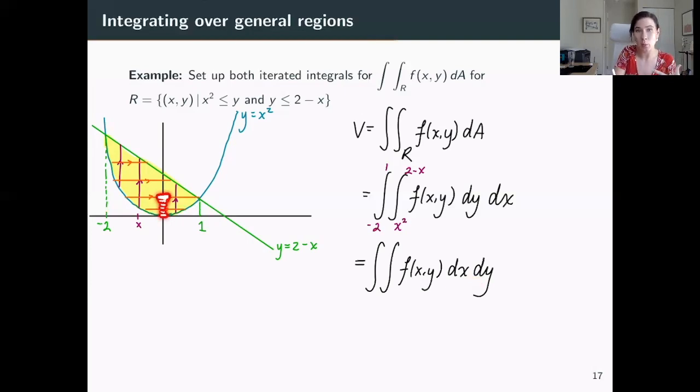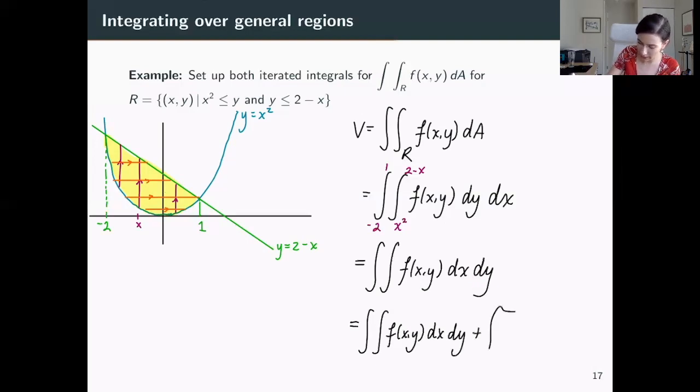Because that's the point where instead of going from blue to blue, I start going from blue to green.